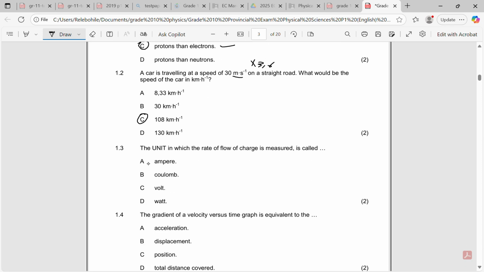Okay, the next one says the unit in which the rate of flow of charge is measured is called the... rate of flow of charge. Okay, how do we write that formula, guys?